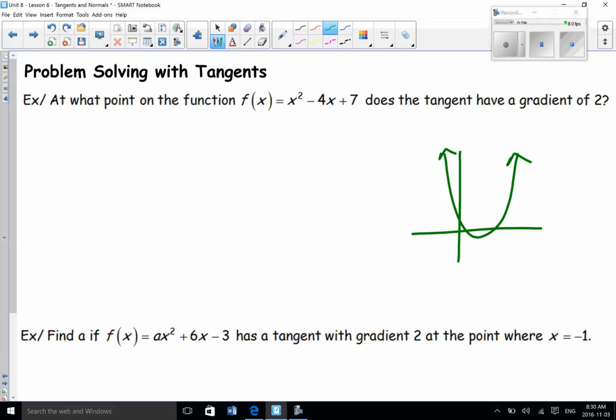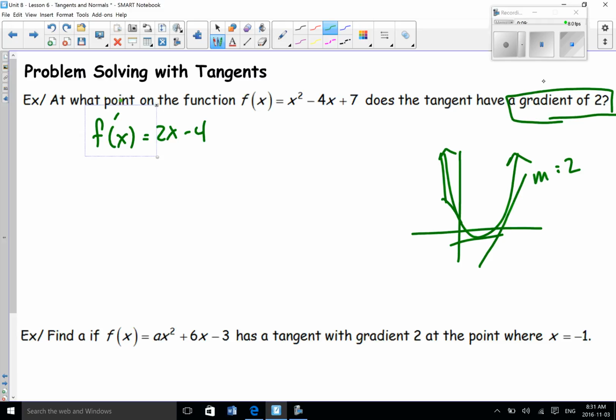So I'm told there's a tangent, I'm told it has a gradient of 2. Well, what does that mean? That means when I draw my tangent, its slope has to be 2. How do I find slopes? If I want to find slopes at any point on this parabola here, I need my derivative. So my derivative of this function is 2x minus 4. And I want to know when that derivative actually comes out to 2.